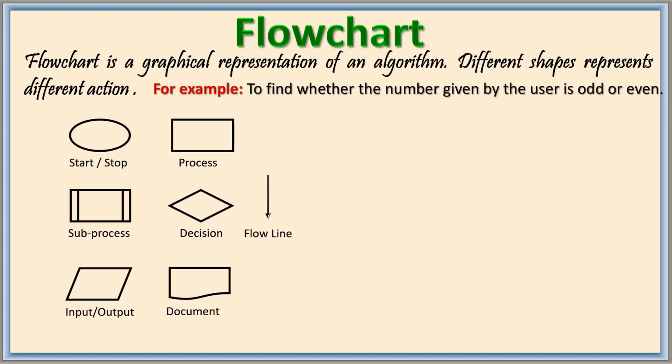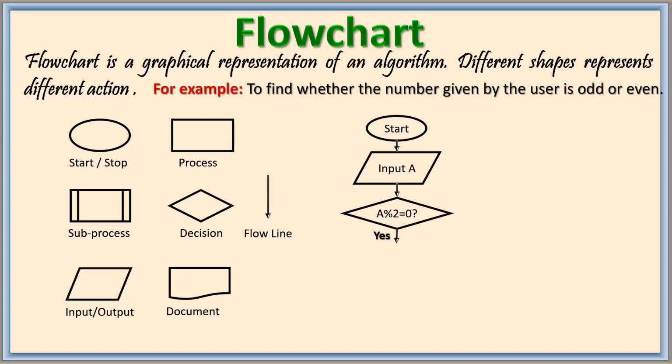So always we start with the oval shape or ellipse, we say start, and then we want to take a number from the user. For that we will be using the input or output box. So input A. Now we need to check after dividing by 2 whether the remainder is 0 or 1. So I am checking, giving the decision box A mod 2 is equal to 0.